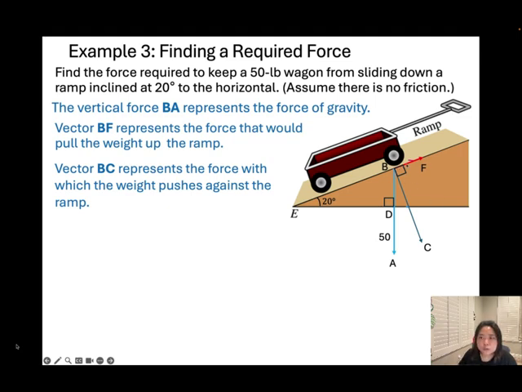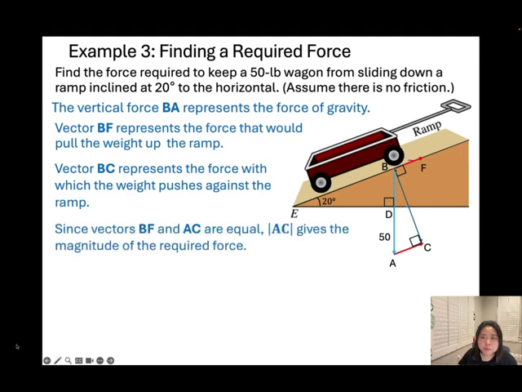Now, I could move the force BF from here to here to create a triangle, a right triangle again. And since the vectors BF and AC are equal, the magnitude of AC gives the magnitude of the required force. So if you can find the magnitude of AC, that will be the force required to keep the wagon from sliding down.